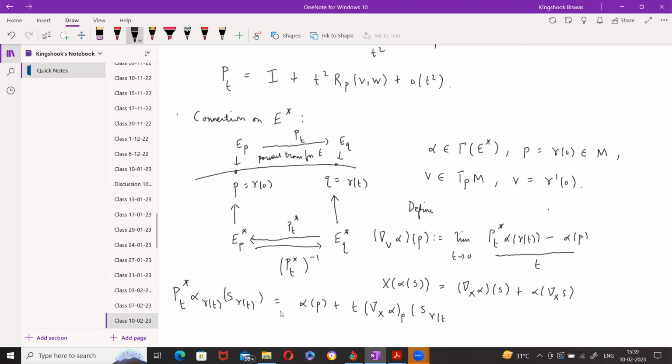Wait 1 second. No, sorry. Yeah, I mean, it is possible to prove this Leibniz rule using this definition. It is possible.